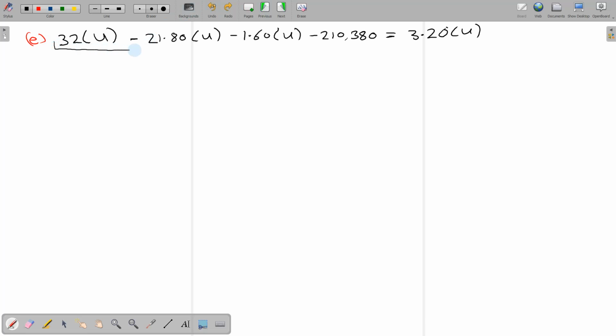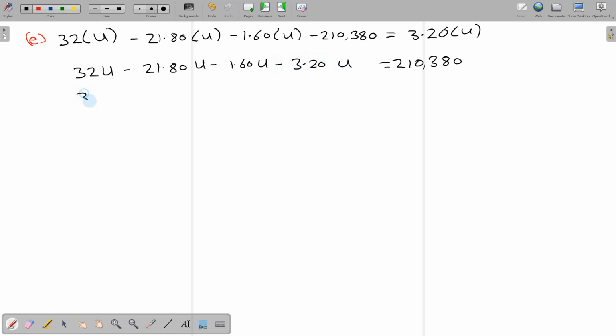So if I put all the U's to one side and the constant to the other side, that means we get 210,380. So we have 32U minus 21.80U minus 1.60U minus 3.20U, which is 32U minus 26.60U.